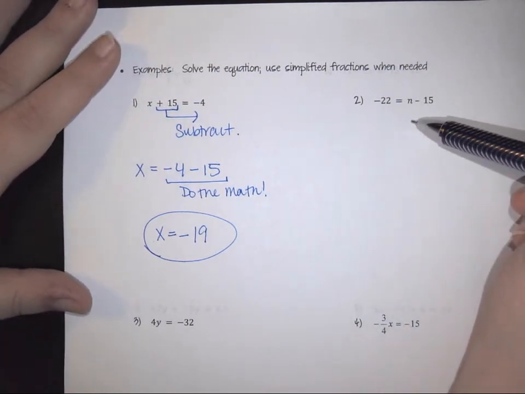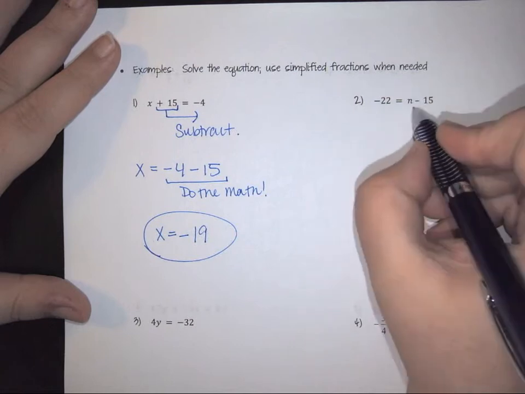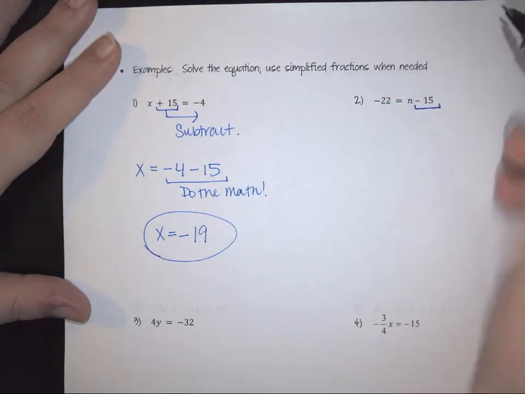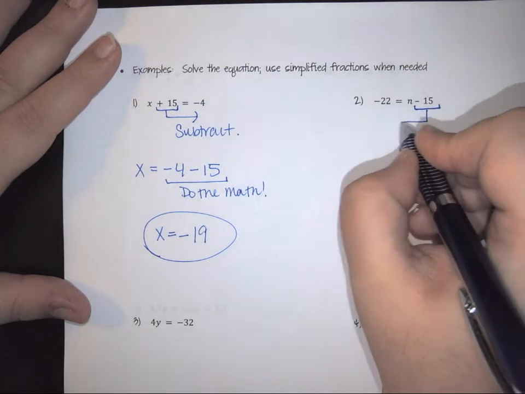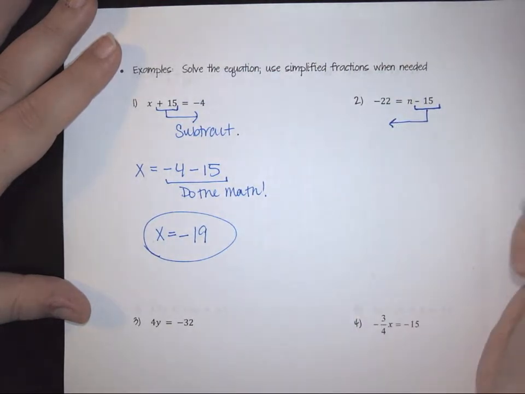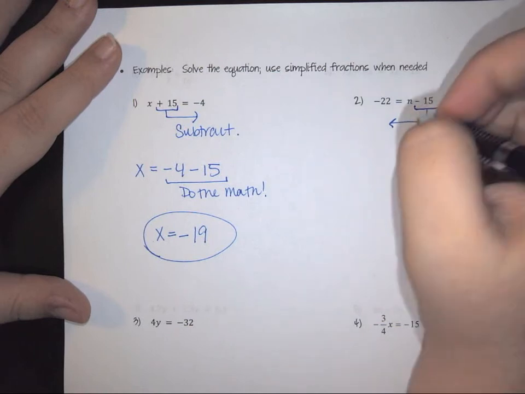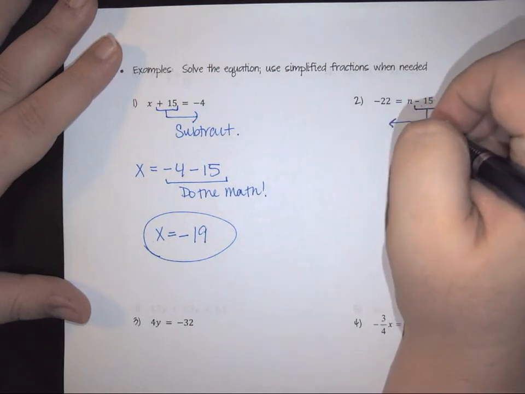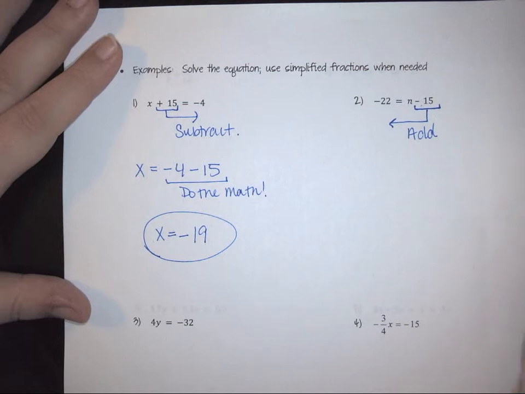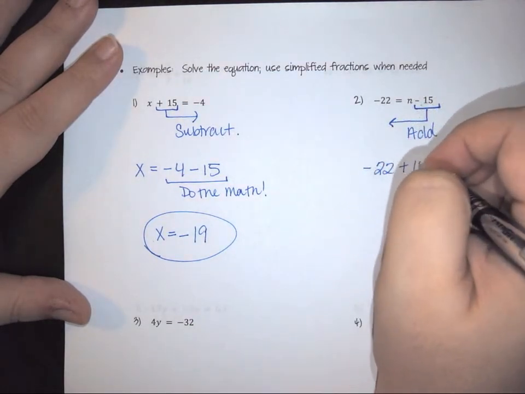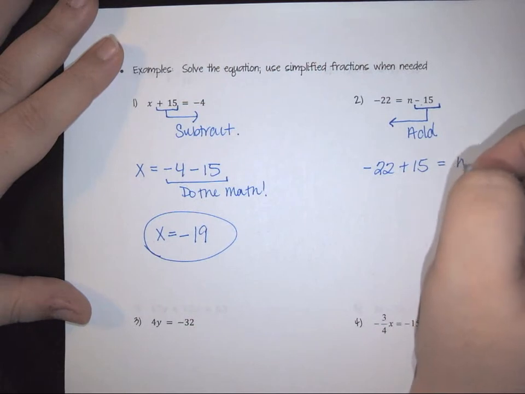If you look at the other side, you can see that here I also have this negative 15, and I have to move it in order to isolate my variable. My 15 in this case is negative, which means the only way to move it is to add. Therefore, I have negative 22 plus 15 gives me my variable n.